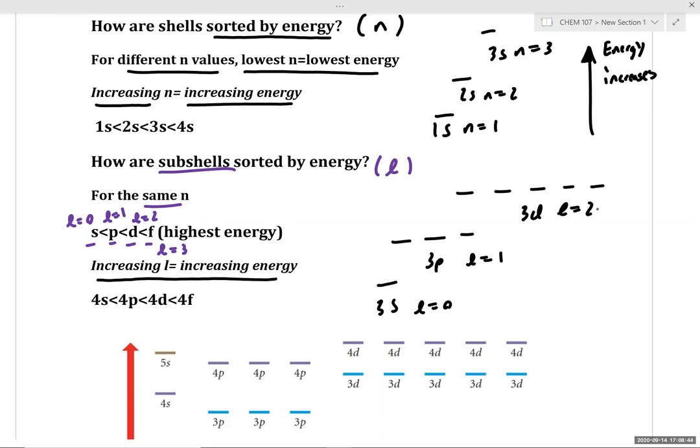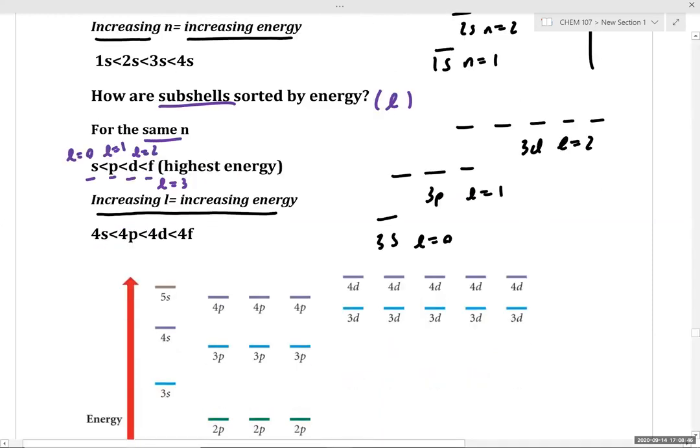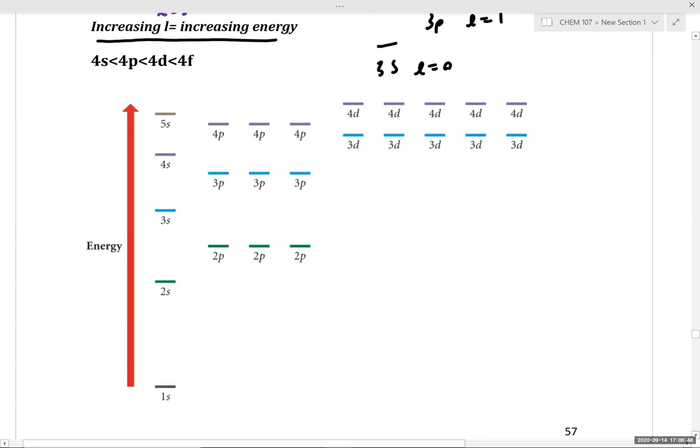So we can take these two ideas of how orbitals are arranged in terms of increasing energy and generate an orbital energy diagram, which arranges the orbitals from the lowest energy all the way to the highest energy.